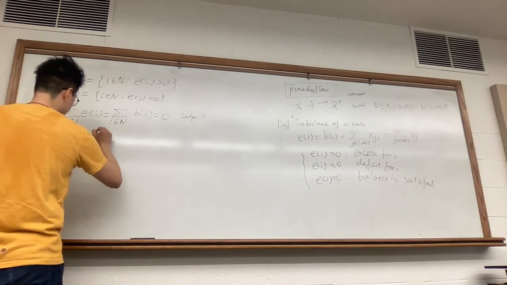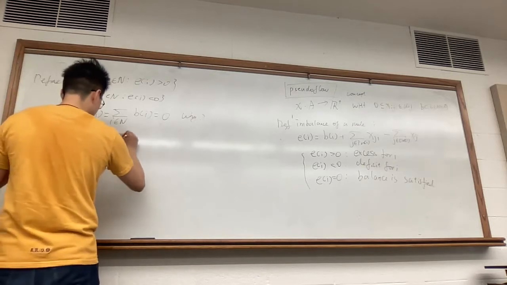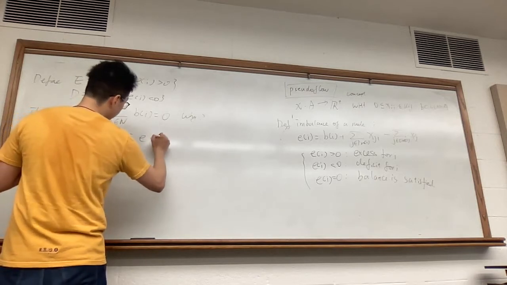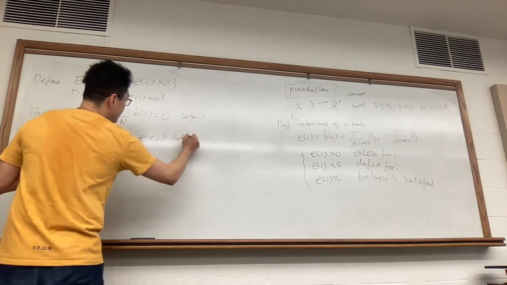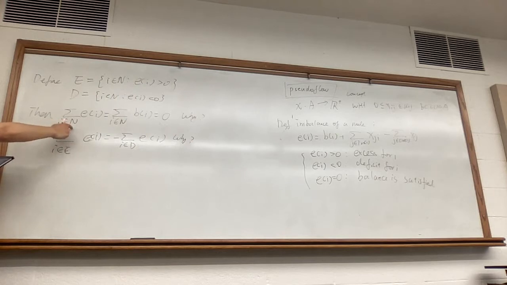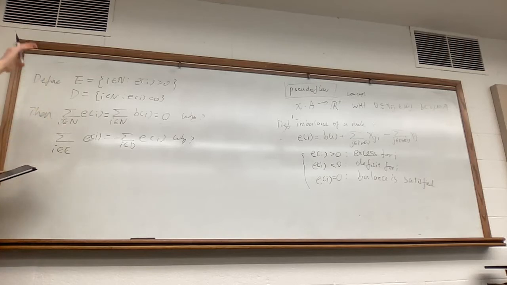The sum over i in E of e(i) is equal to the negative of the sum over i in D of e(i), and this is much easier, right? Because for all the nodes in the node set, e(i) is either greater than 0, less than 0, or just 0. If it's 0, you can just throw it away in this calculation.